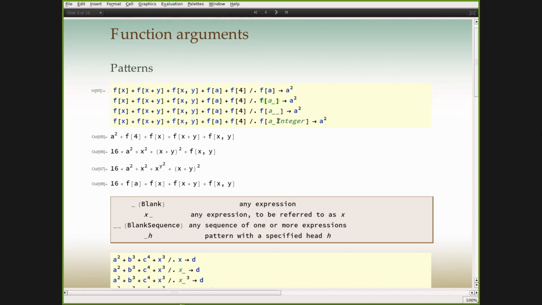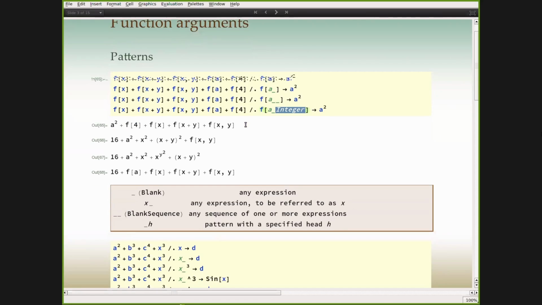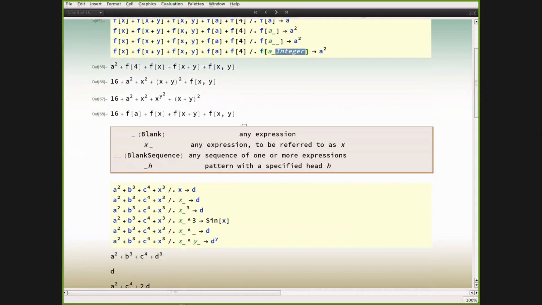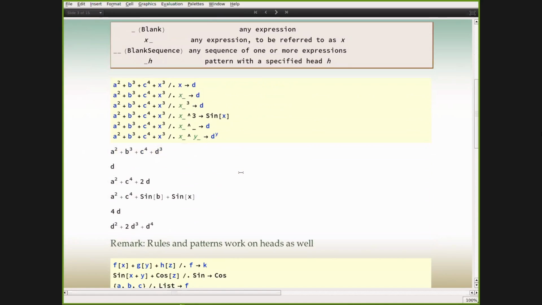If you say, for example, that it has to be integer, then as you can see, Mathematica will apply this pattern only to those elements which have head of that type. So the element which is assigned has to be integer to do this. Okay, so maybe we should look at some more examples.